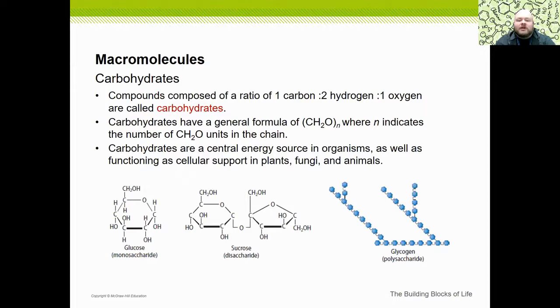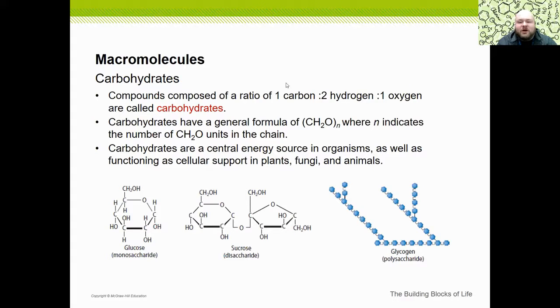The first one is carbohydrates. You can see some pretty decent pictures here that show glucose or sucrose or glycogen. These are different carbohydrates. You're going to see that a compound composed of a ratio of one carbon to two hydrogens to one oxygen is going to be a carbohydrate.